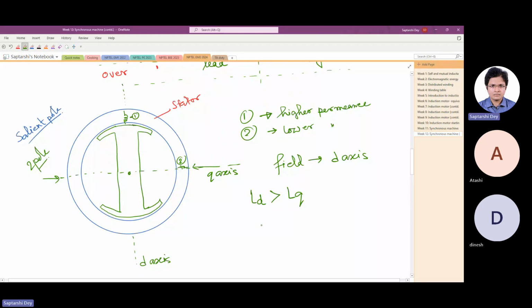This LD by LQ is also called the saliency ratio, which is greater than 1 for a salient pole synchronous machine and equal to 1 for a cylindrical rotor induction machine.